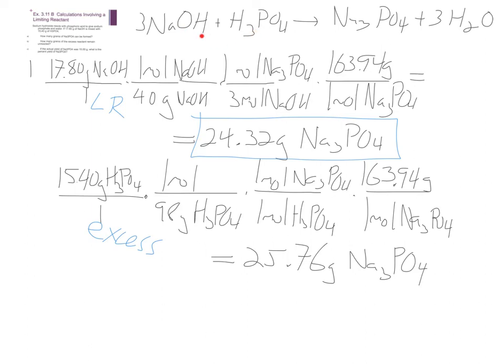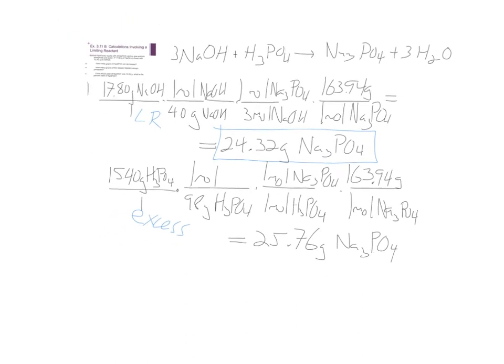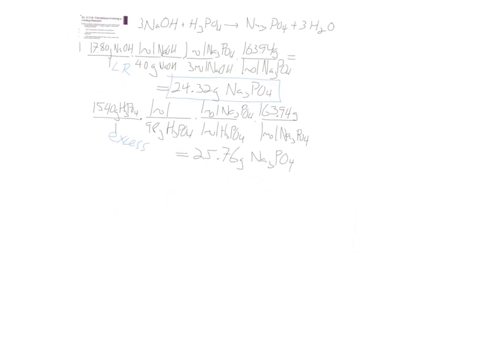So that's going to be our last conversion. Sodium hydroxide, take our limiting reactant and convert it to the excess reactant. Okay, so here's our third problem. We take our limiting reactant, the 17.8 grams sodium hydroxide, 40 grams per mole.